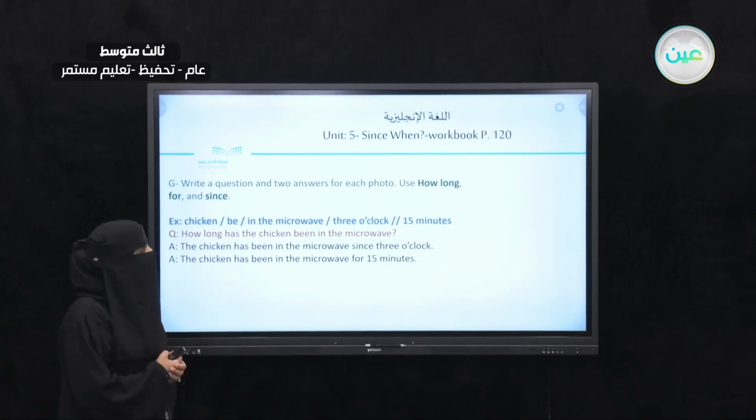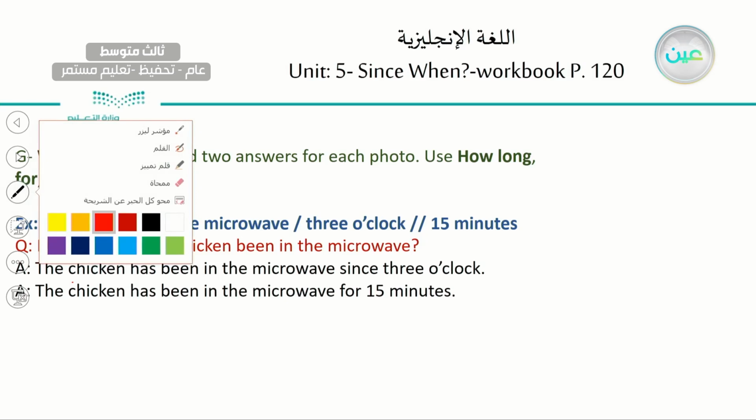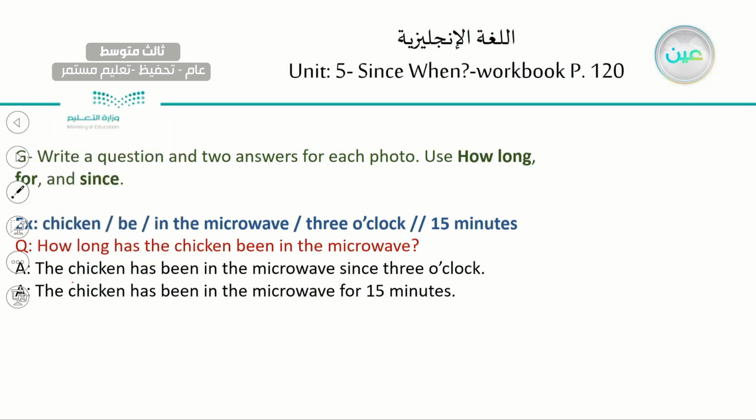Before we start, I give you page 120 as a homework. Okay, exercise G, write a question and 2 answers for each photo. So you have different photos in front of you in your book. You can look at the photos. This is an example.